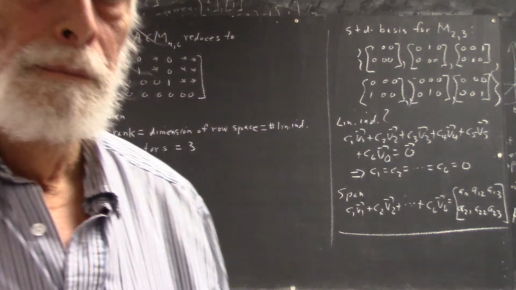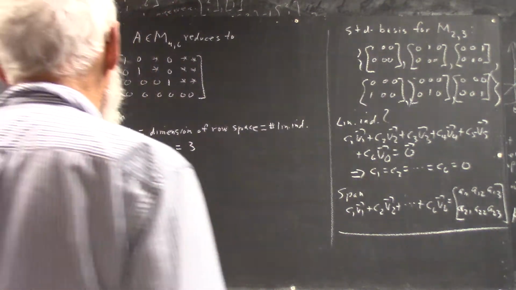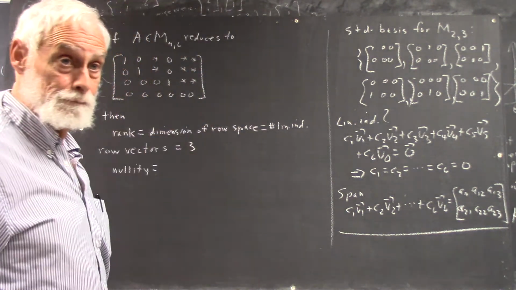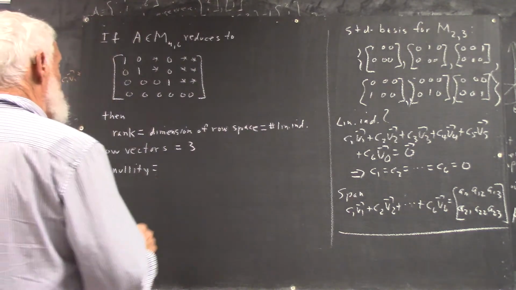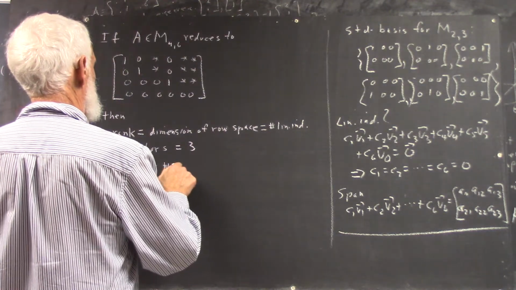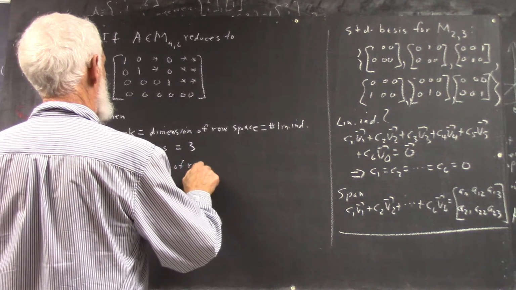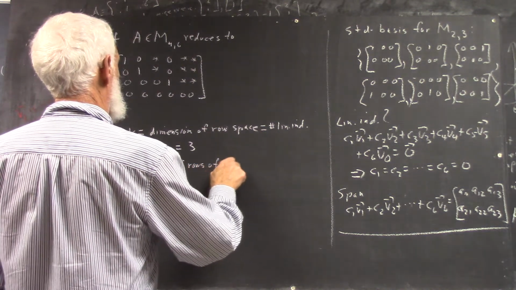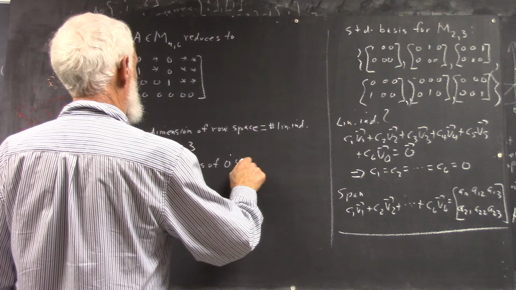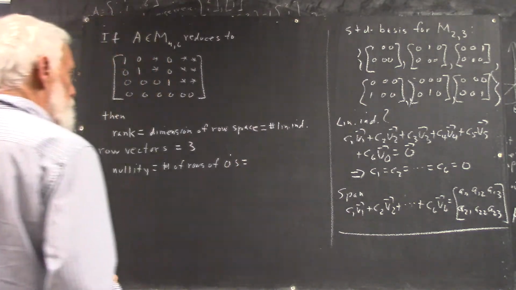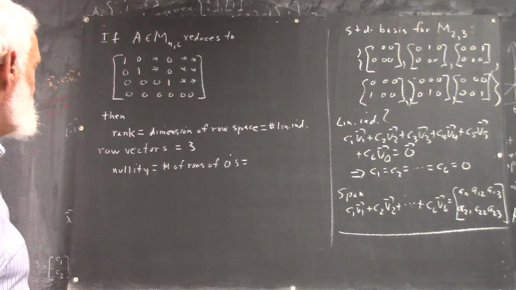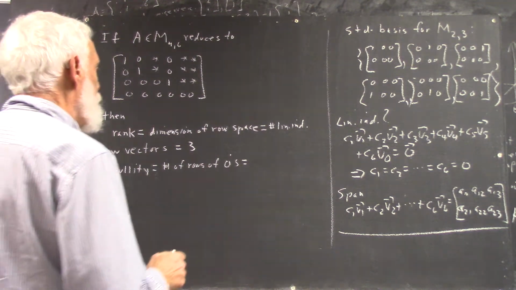Number of 0 vectors. Get your number of 0 rows. Okay? Okay? And what else is it?